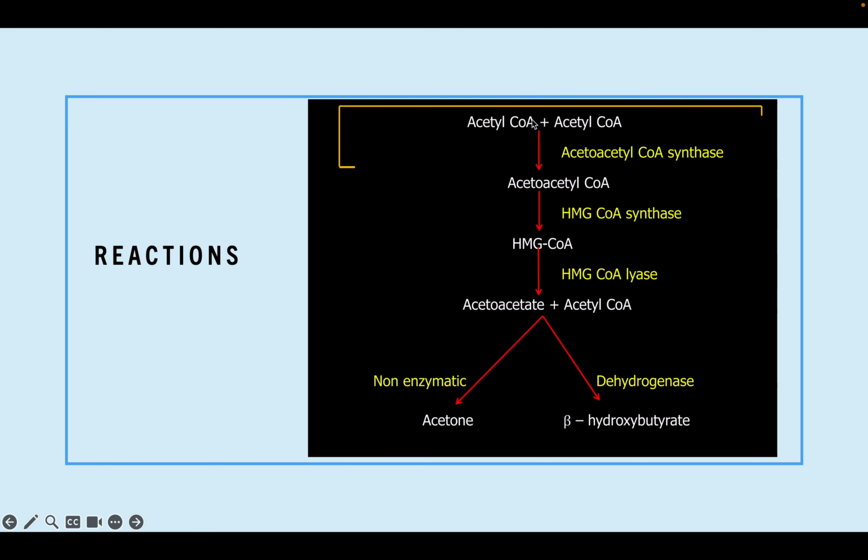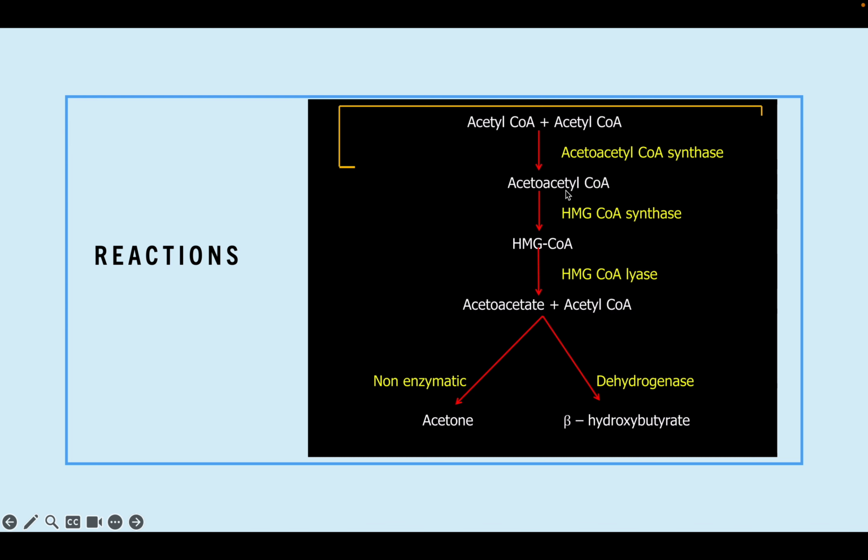This is the continuation of that cycle, where the acetyl coenzyme A is produced by beta oxidation in the mitochondria, and then two acetyl coenzyme A condense, they come together with the help of the enzyme acetoacetyl coenzyme A synthase. They form acetoacetyl coenzyme A, which goes on to form HMG CoA.